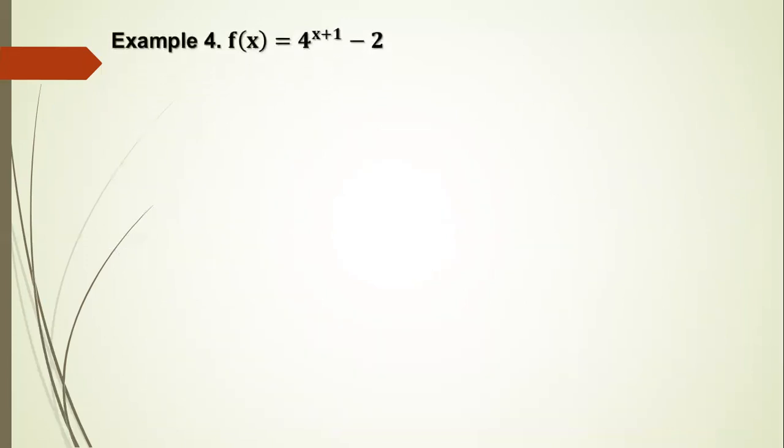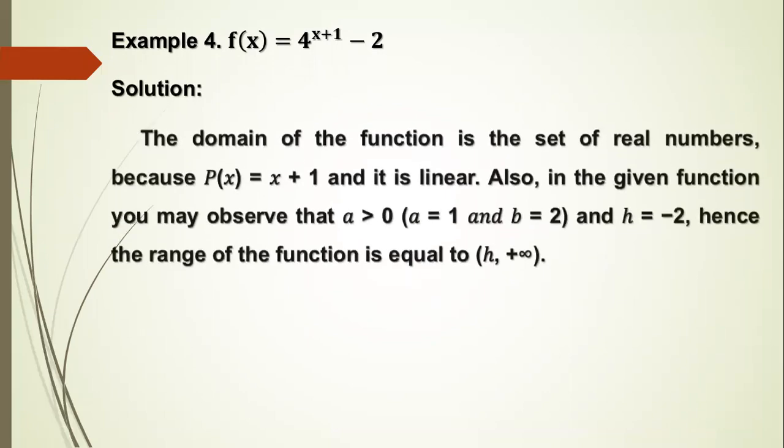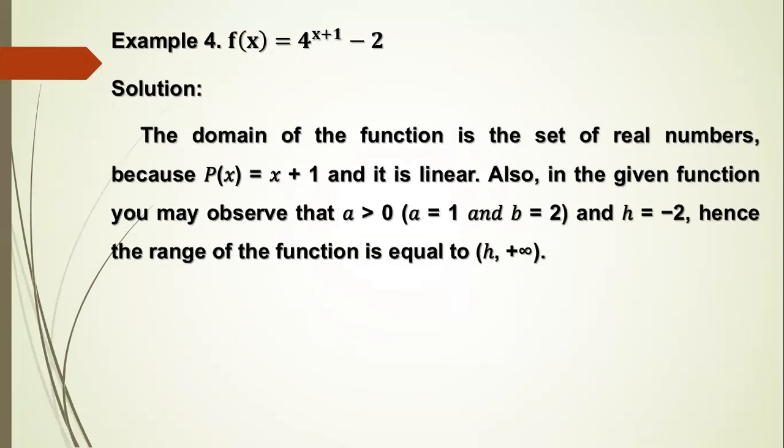And for example, number 4, f of x equals 4 raised to x plus 1 minus 2. Solution. So we do not need to graph the given exponential function. By just simply observing the structure of the function, we can identify its domain and range.